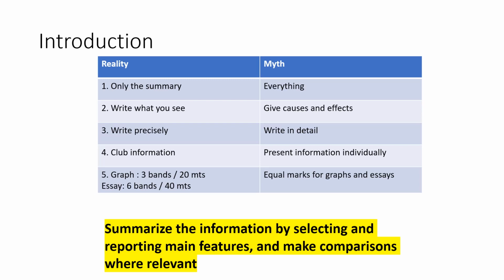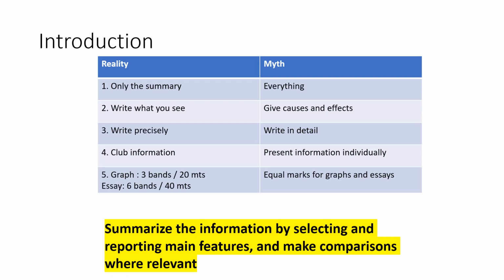Plus you are supposed to draw comparisons between whatever information is presented to you. So this is something very important, that you understand the question very well. The essence of the question is that you are supposed to summarize the information by selecting and reporting only the main features. Okay.